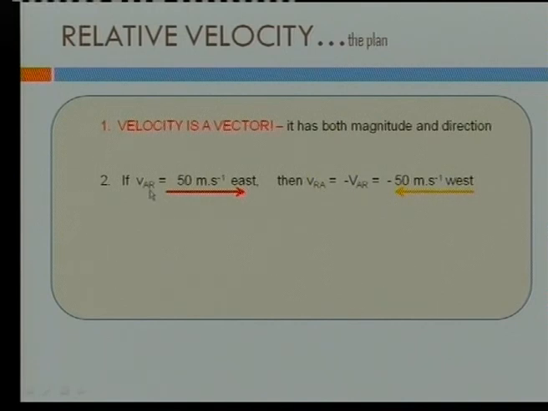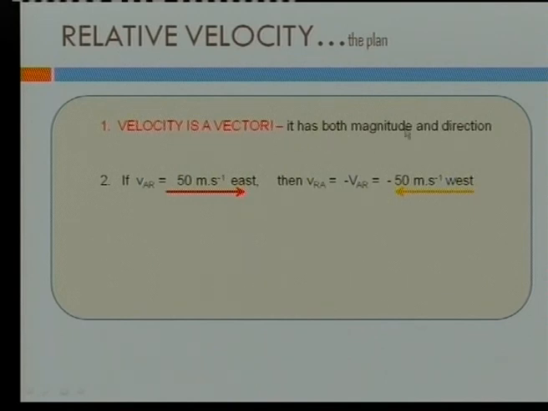Changing AR to RA becomes minus AR, and that magnitude 50 takes the opposite direction, and of course, the opposite direction of east is west.